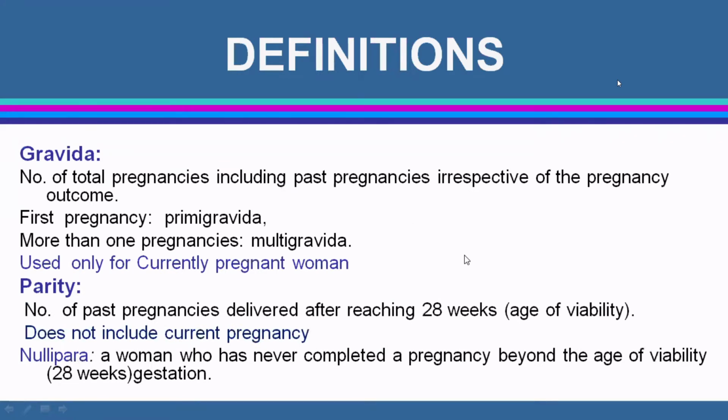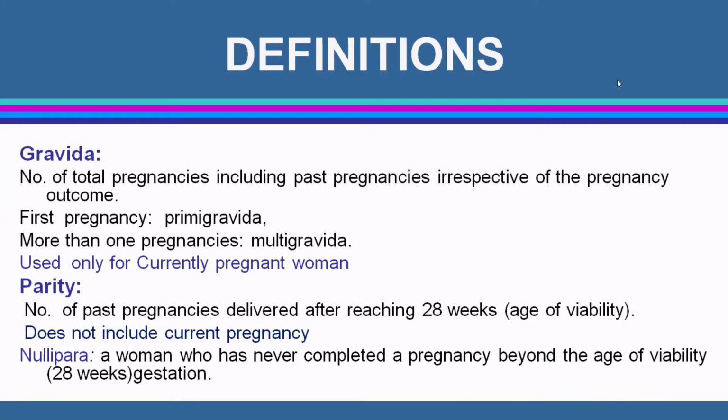Now, a few things about the patients of obstetrics, how we designate them. So, gravida is a term for the number of total pregnancies, including past pregnancies, irrespective of the pregnancy outcome. Whether it is stillbirth, abortion or neonatal death, that does not matter.